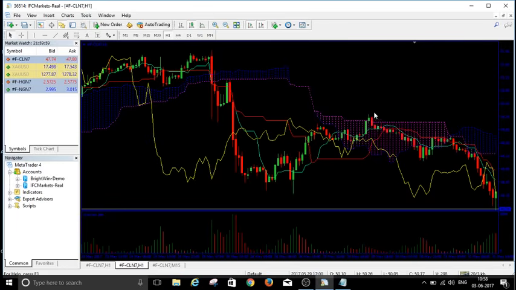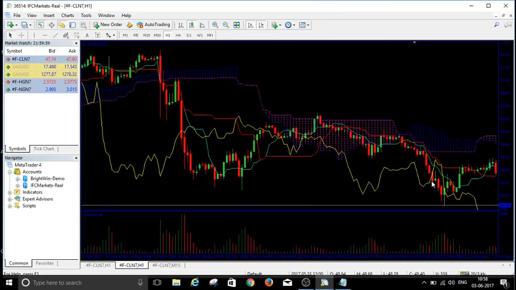I sold here, okay, taking a small stop loss and made some good profit. Okay, after a consolidation in the cloud, market went down. And one more thing here, Tenkan Sen crosses over Kijun Sen.